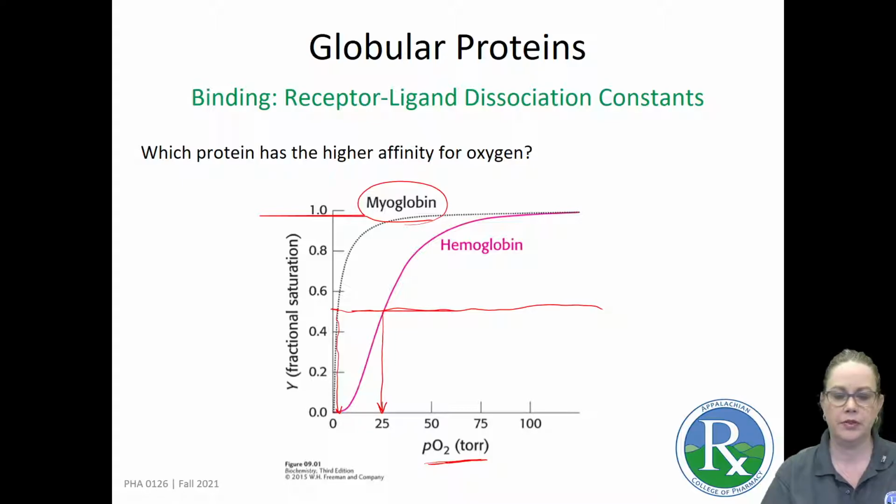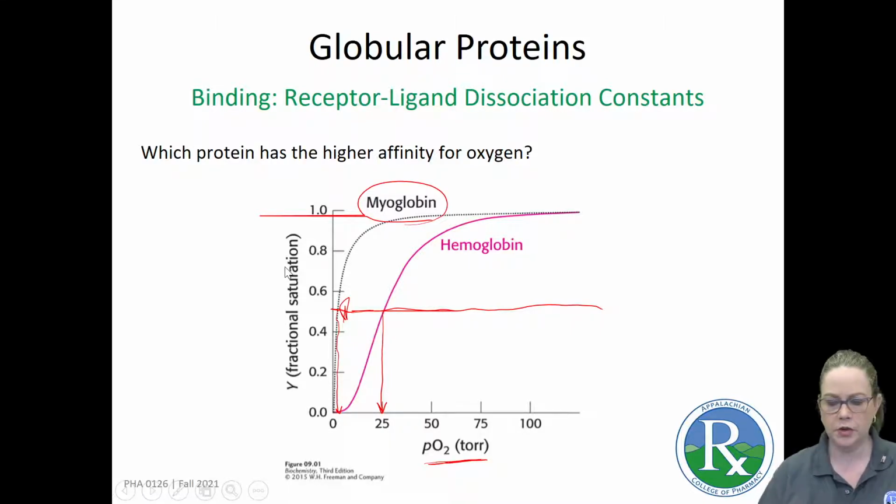The other way you can see these is, if your curve is shifted to the left, and we say hemoglobin is our standard, a shift to the left is a higher affinity. Shifting to the right is a lower affinity.